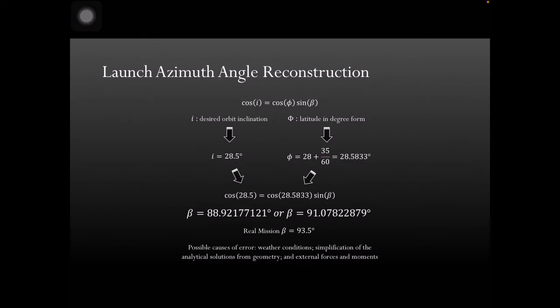Possible causes are weather conditions, simplification of the analytical solutions because they come from the geometry, and the neglect of external forces and moments, which could lead to reconsiderations in the real mission.